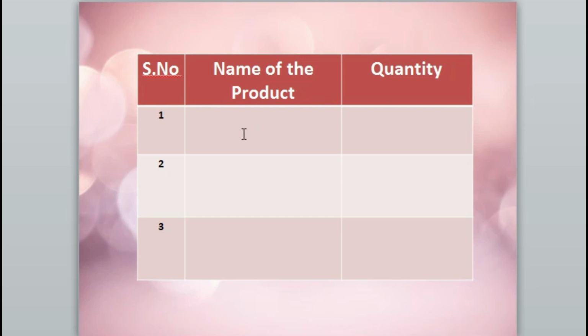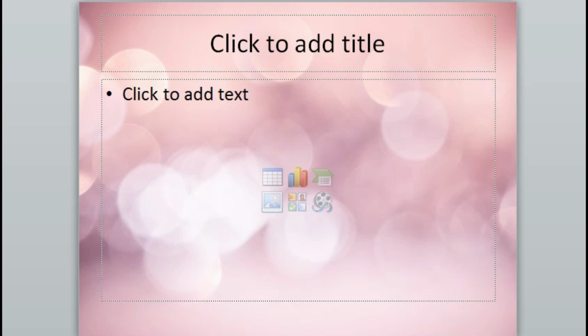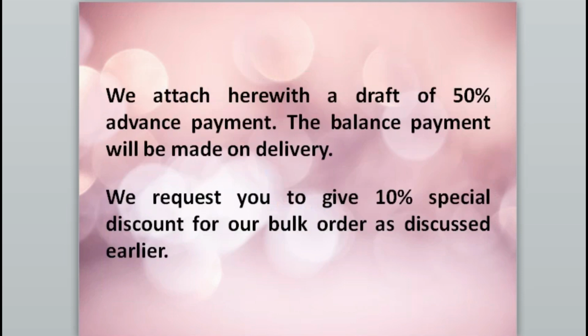In the table you're going to write the name of the product, whether it's table, chairs, desk, benches and so on, and the quantity, 30, 40, whatever it is. After that, you need to go and pick up another sentence which you feel would be suitable for the question.